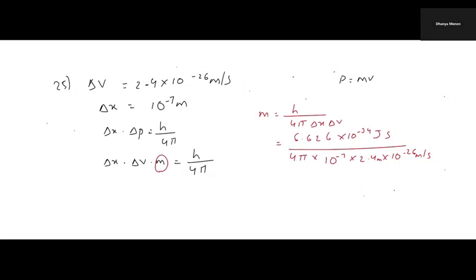Okay, so we have 6.626. We will cancel the values, and this gets cancelled.